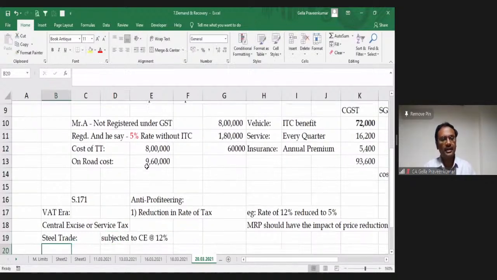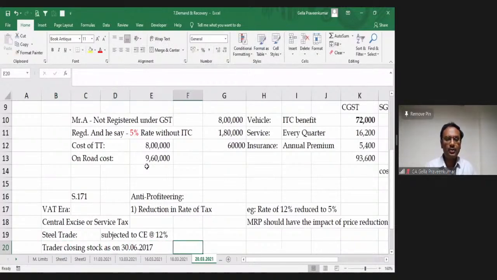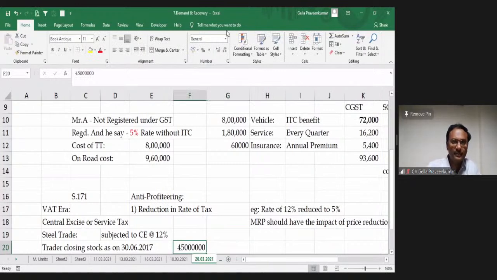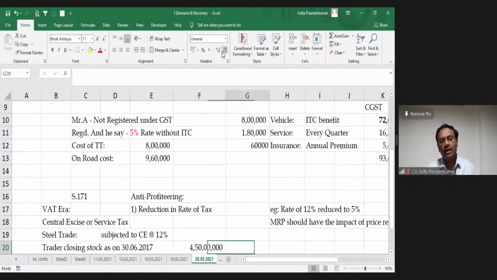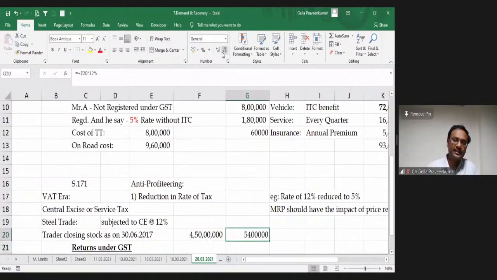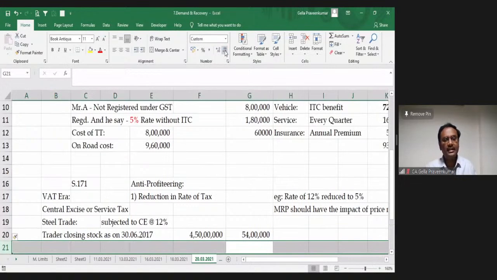Assuming there is a trader whose closing stock as on 30th June 2017 is, say, 4 crore 50 lakhs, 450 lakhs. Now, on this, there is an element of central excise which was never allowed as an input tax credit. I repeat, there is a benefit of central excise which was never allowed as an input tax credit.